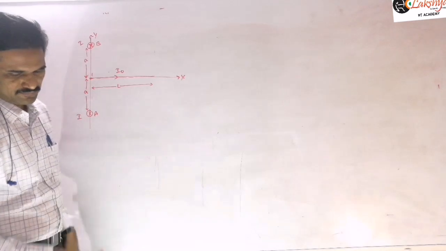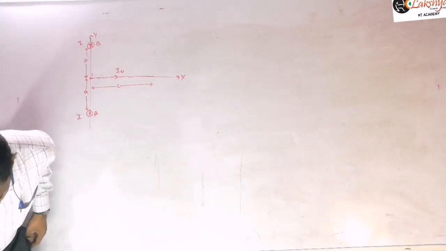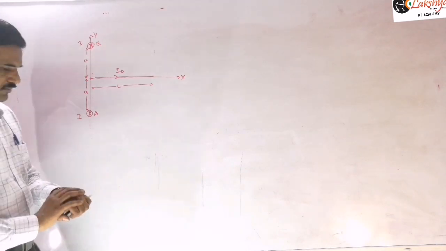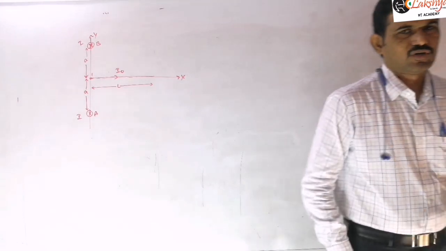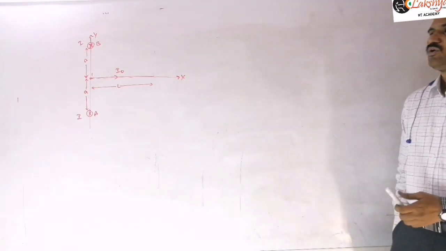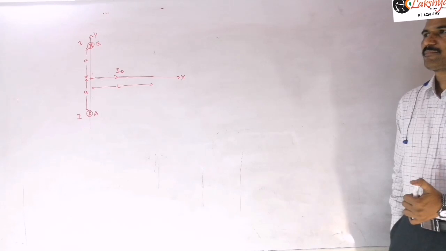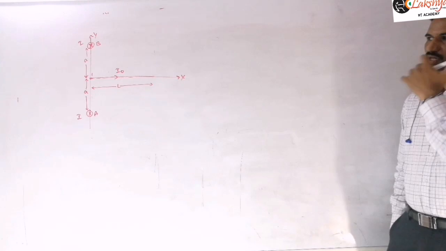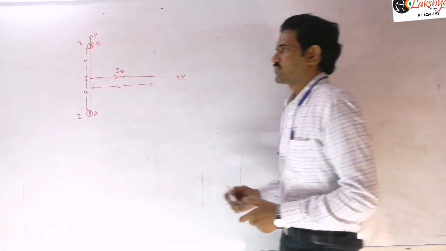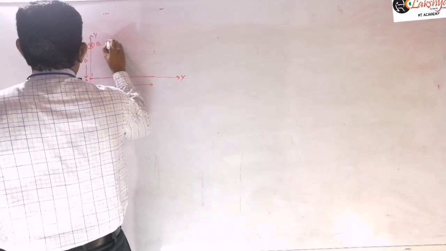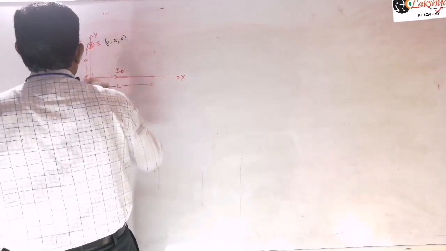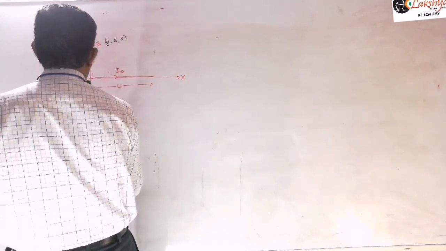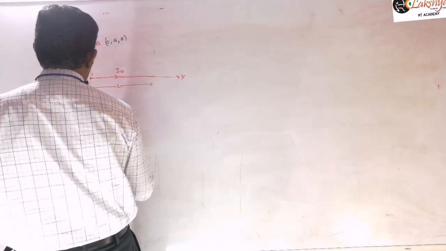So just mention that two long current carrying wires are placed parallel to the Z axis at y equal to a, so you can mention this point as (0, a, 0), and this as (0, minus a, 0).